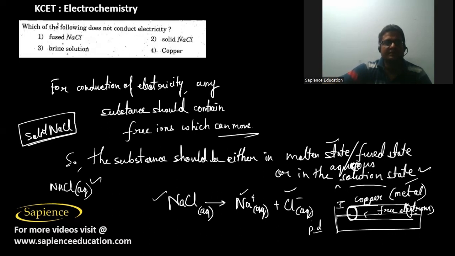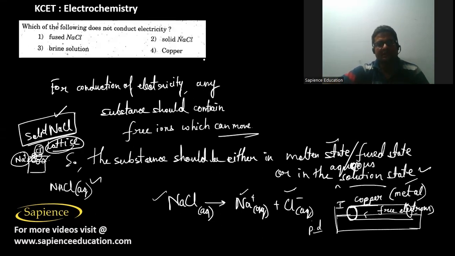Since in the solid form of NaCl, a crystalline lattice is formed, which has alternate Na plus ions and Cl minus ions arranged in the solid lattice, so they can't move freely. Hence solid NaCl will not conduct electricity. So hence option 2 is the correct answer.